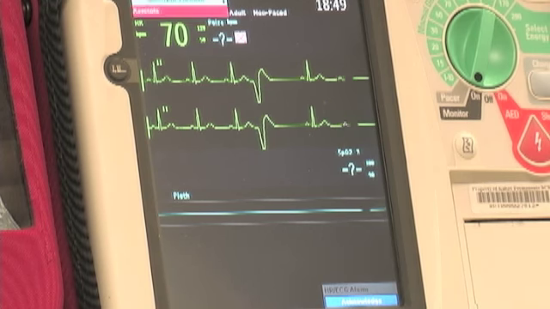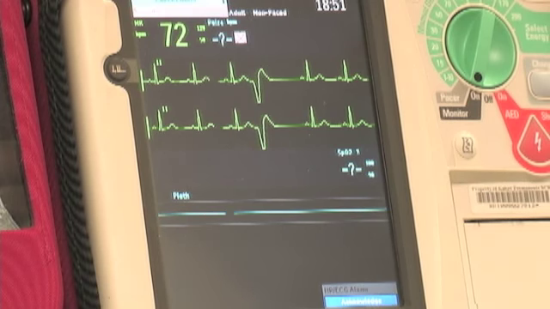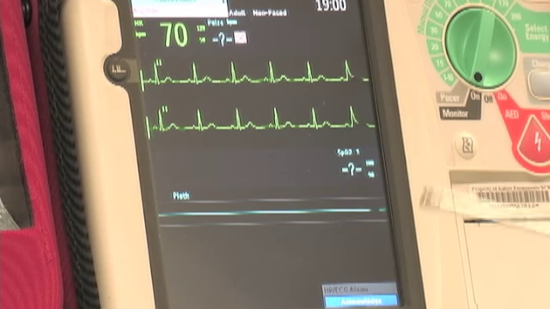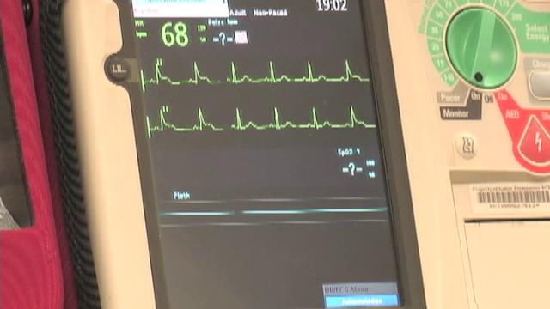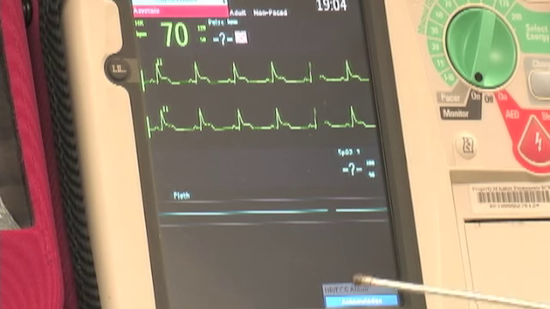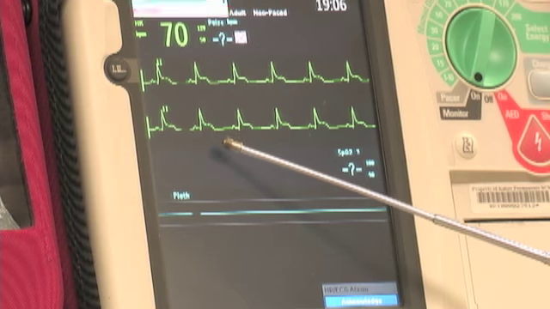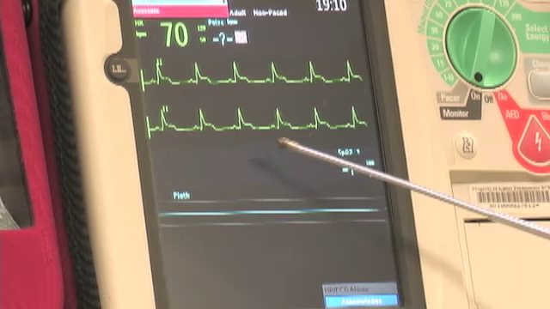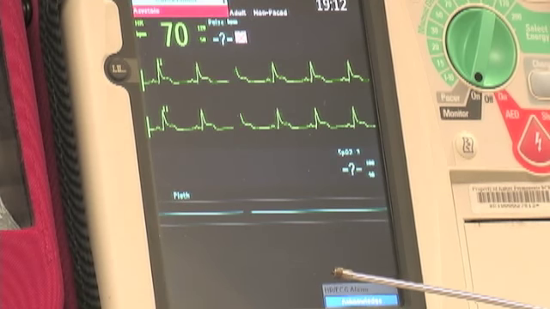Okay, and we're going to go back to normal sinus rhythm, and we're going to show you something unique. Watch closely. There it goes. Okay, so you see the difference there. This is PQRST, PQRST, but if you notice, the ST segments are elevated.